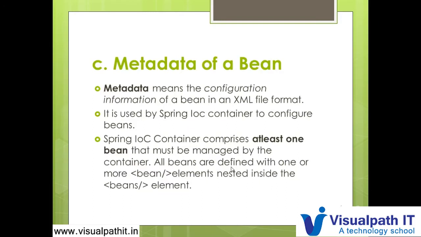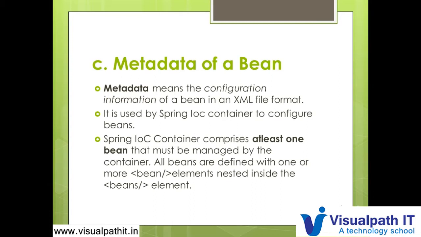Next, metadata. We also use the term metadata frequently while learning Spring. What is metadata? Metadata is the information about a bean or a collection of beans present within the XML file; the complete configuration information is called metadata. It is used by the Spring IoC container to configure all the details.